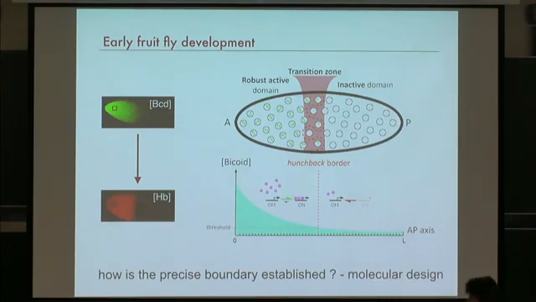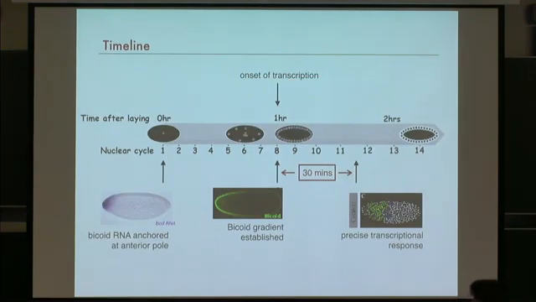Okay, the answer is they haven't solved it yet, and I'm going to try and show you a different angle to this very, very old problem. Basically, how do you get nuclei in this part of the embryo that turn on, and in this part that they don't turn on, and you get this transition zone, which is a very thin boundary. And we're really trying to understand how it is implemented molecularly.